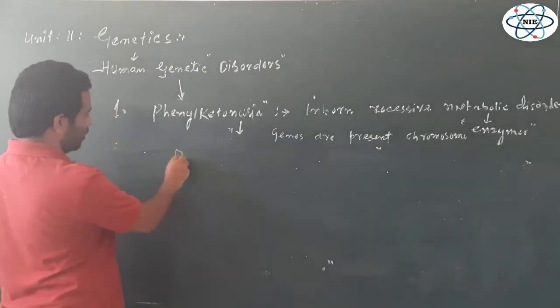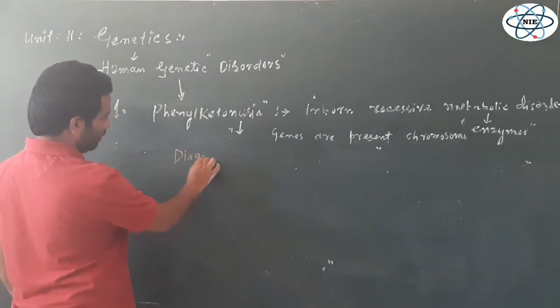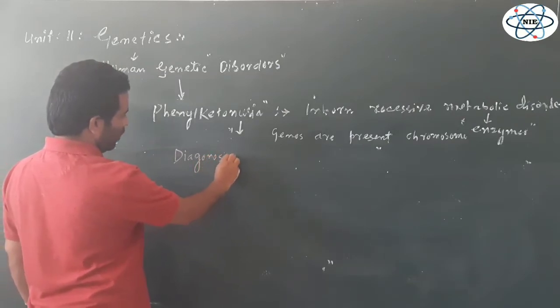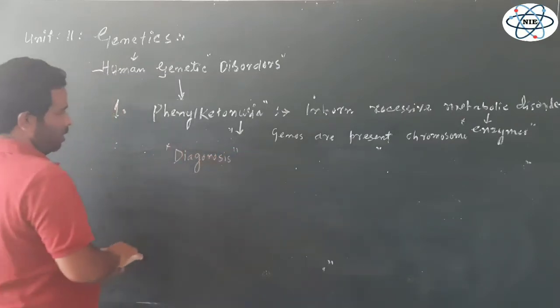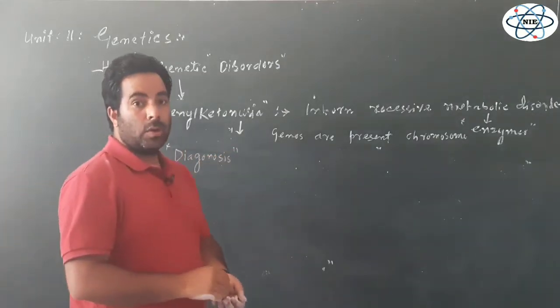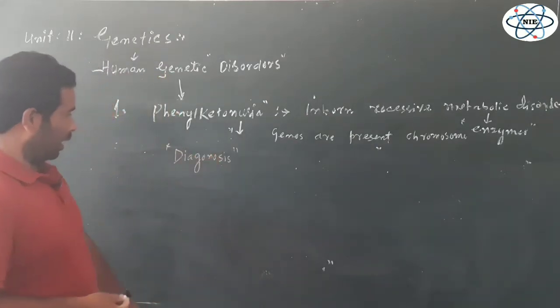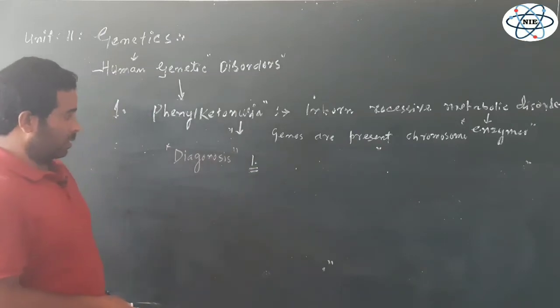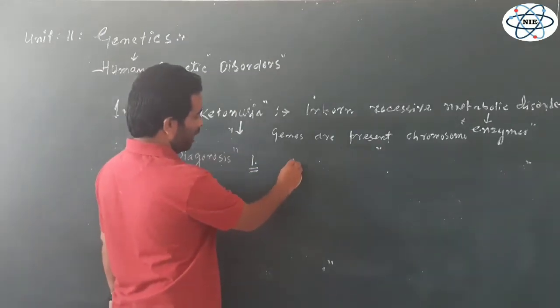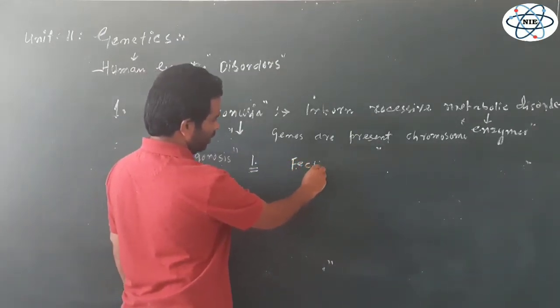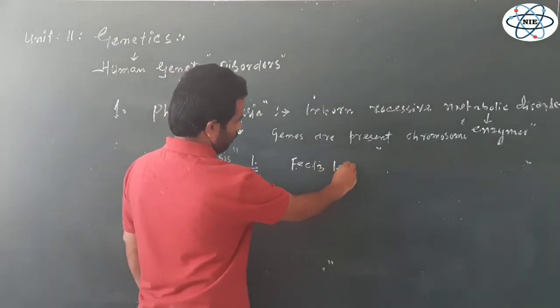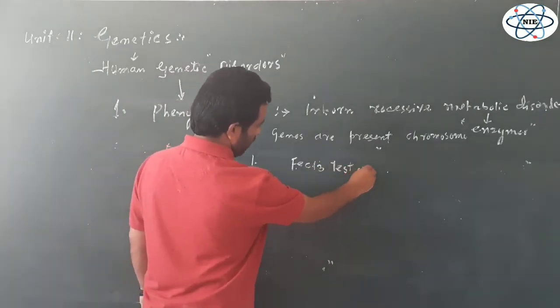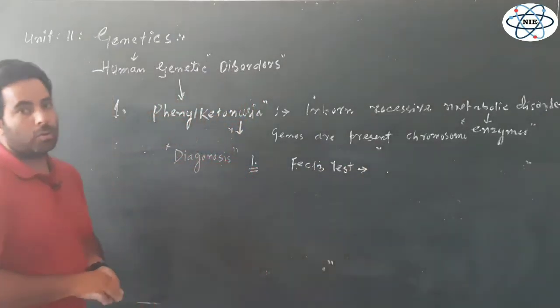Diagnosis, how we can screen the individual who is having phenylketonuria, right? One of the tests of this phenylketonuria is known as ferric chloride test.